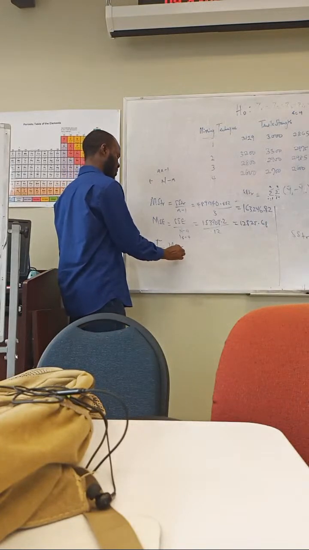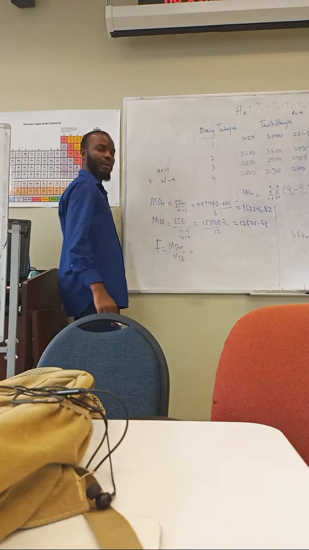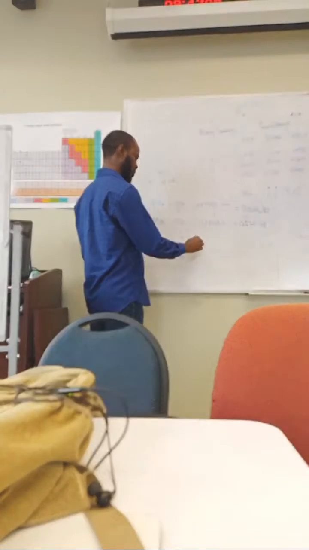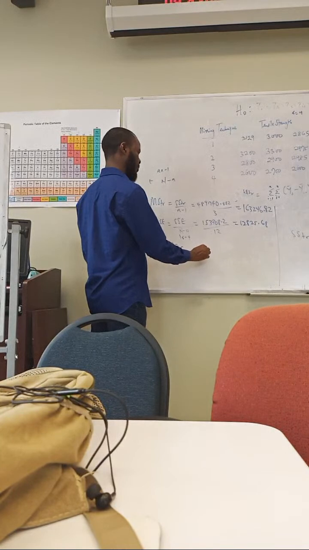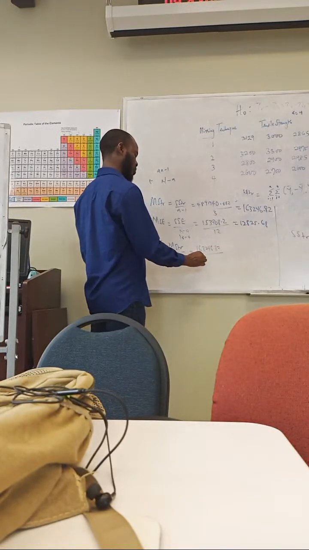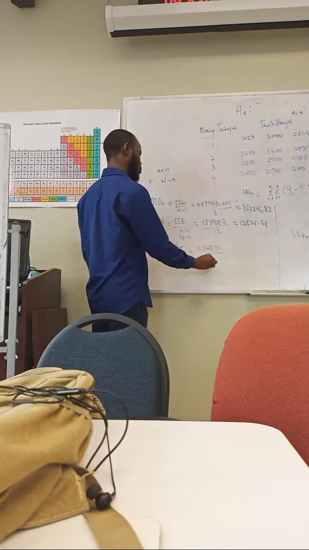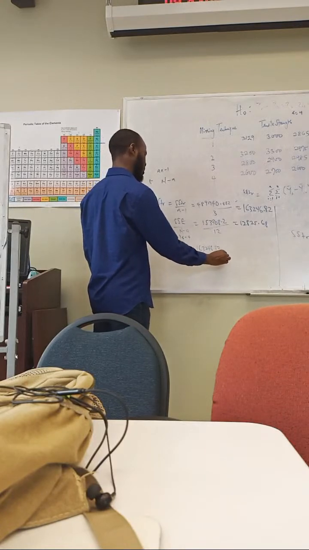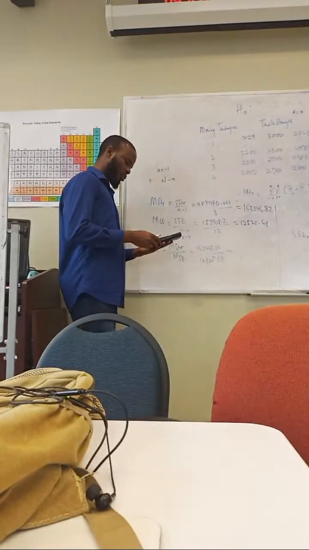The MS treatment over the MS error. MS treatment over MS error, which is 163,246.82 over 12825.68.